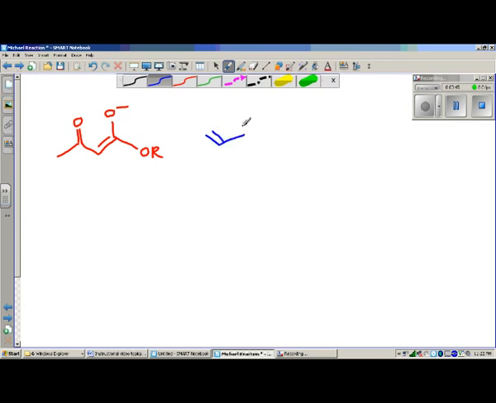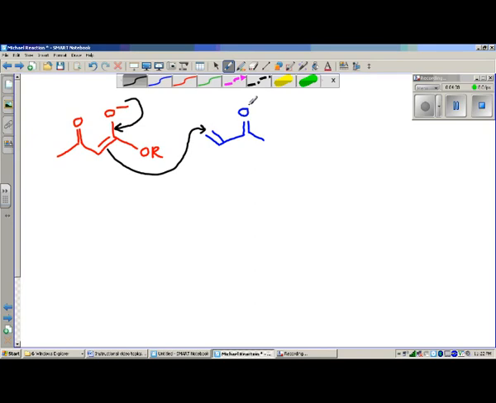Now remember what we said. We said that in the Michael reaction, when we have an alpha-beta unsaturated carbonyl, and this is the only time this happens, when the enolate sends its electrons down here, and these electrons go out, when they would normally go up to here, in this case they don't do that. They go to this end carbon.